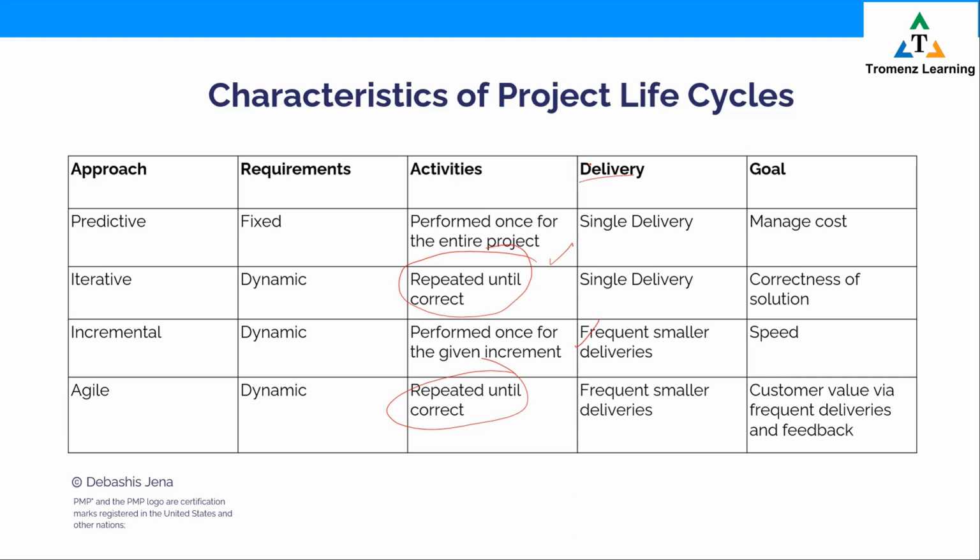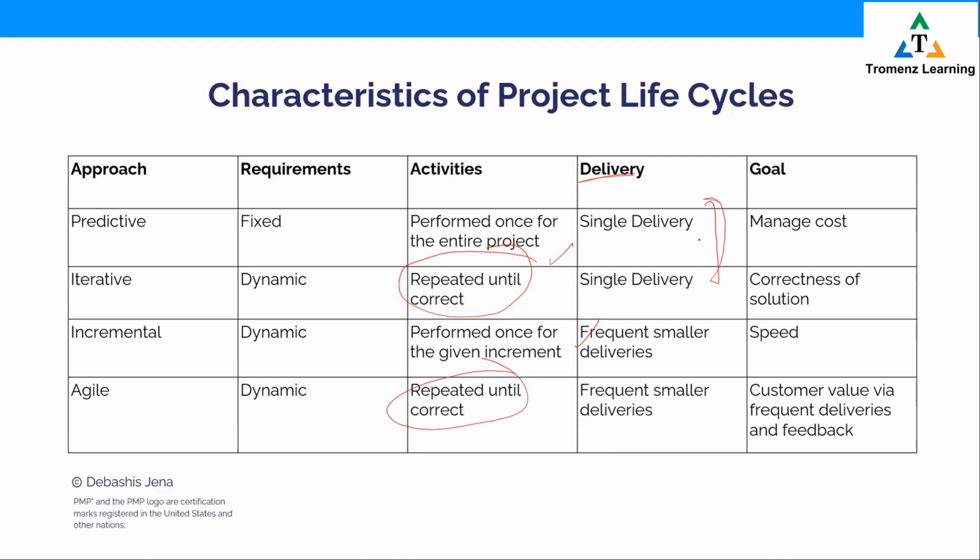So there is another difference. Delivery. In case of predictive and iterative, both of them, we go for single delivery, one-time delivery, no partial releases in other language. This could raise a question: if I were to go for single delivery, why did we have the concept of iterations in iterative life cycle?